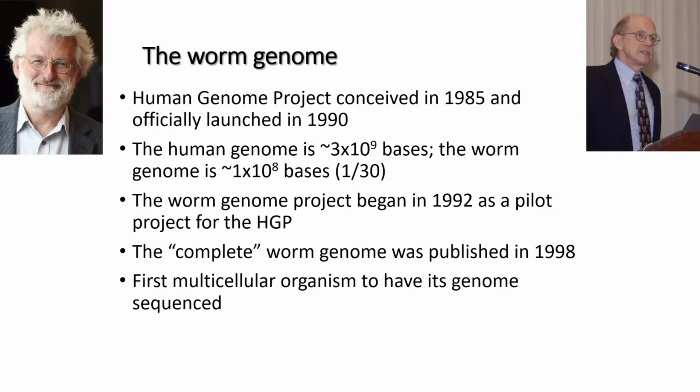The complete-ish worm genome was published in 1998. So that's 6 years between the time they kicked it off and the time the paper appeared in Science, I think. So C. elegans was the first multicellular organism to have its genome completely sequenced, and we are very proud of that.